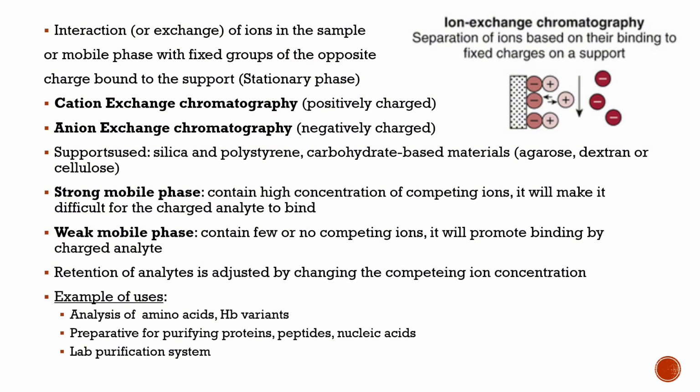So it will be constant or different composition depending on how you are separating. Example of use is the analysis of amino acids and hemoglobin variants. It can also be used for preparation, for purifying proteins, peptides, nucleic acid, and also in the lab purification system we use this form of chromatography.